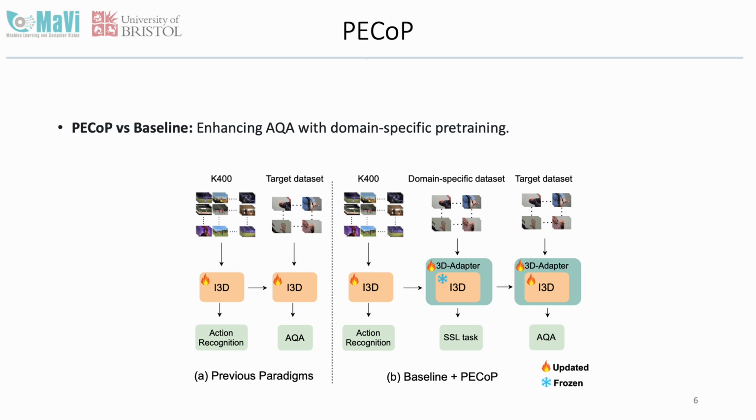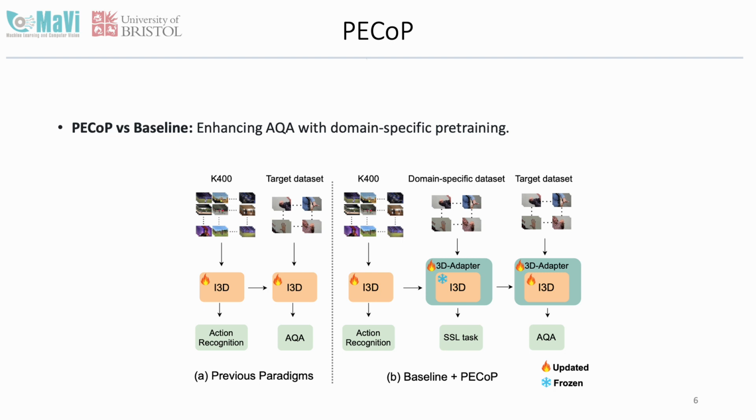This figure compares the traditional transfer learning approach using previous AQA methods with our proposed PECoP transfer learning. As you can see in part A of the figure, the traditional method takes a model pre-trained on a general dataset and fine-tunes it with a specific AQA task.